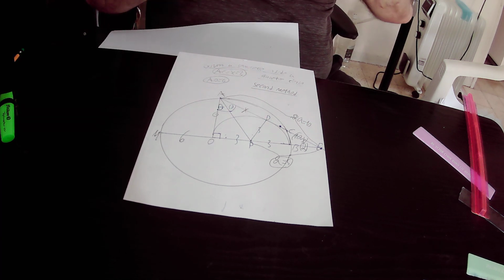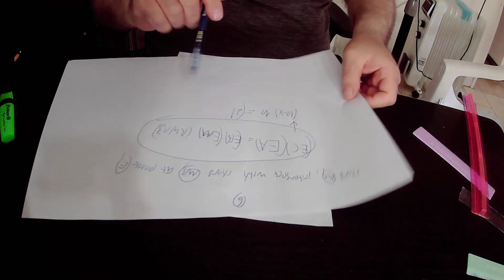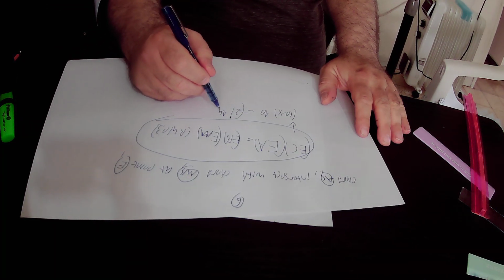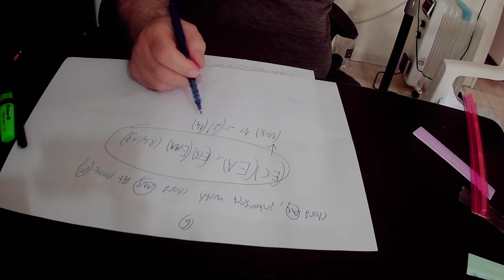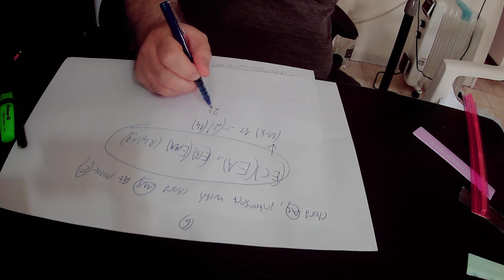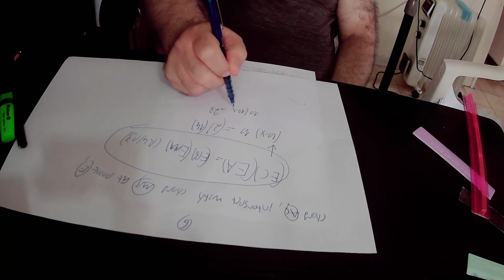So in conclusion, in total, EM equals 14 units. And 2 times 14 is 28, and 28 equals 10 times 10 minus X.